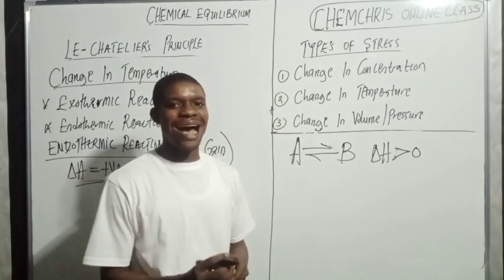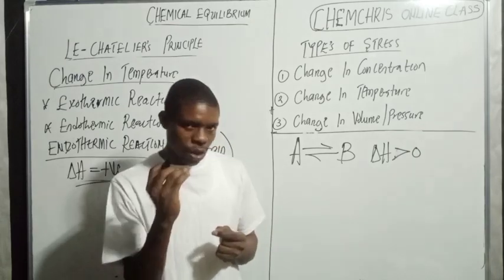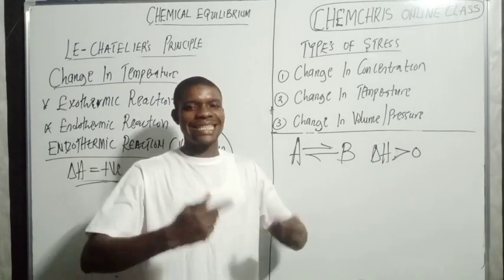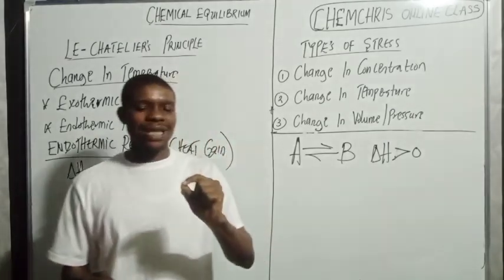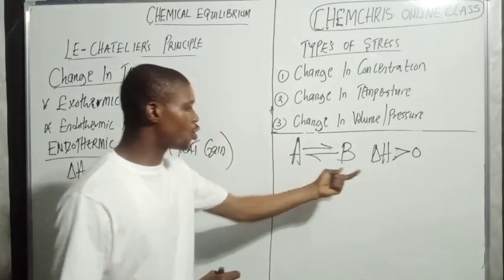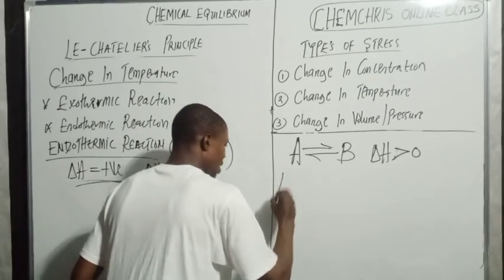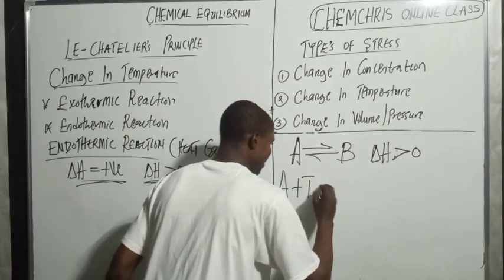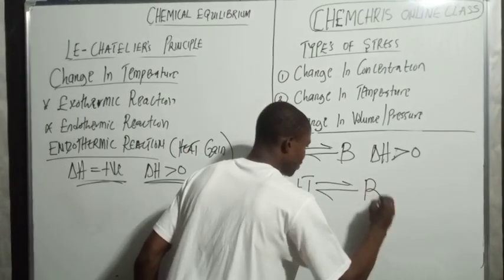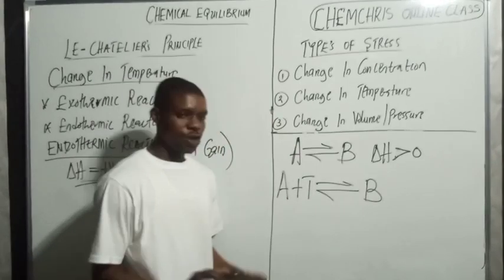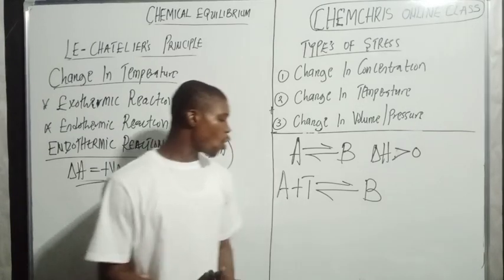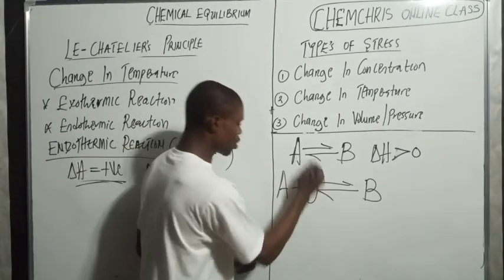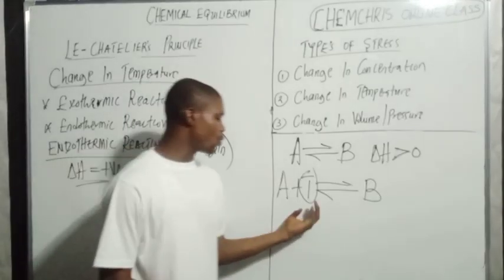It is absorbed. That is, it is gained. So whenever it is gained, temperature will be treated as a reactant. So you can write this as A plus T giving you B. Can you see that? So what will happen when you increase the concentration of T, and when you decrease the concentration of T?